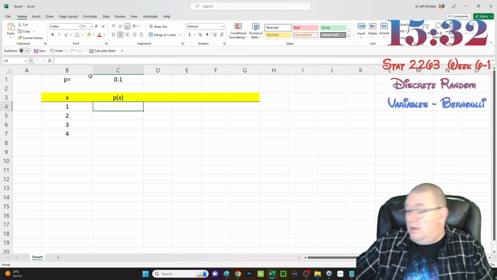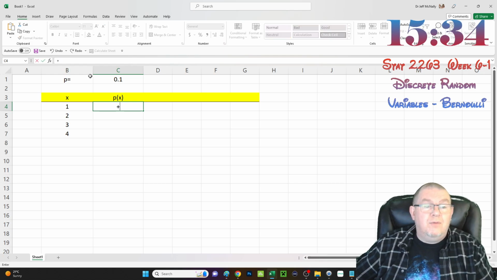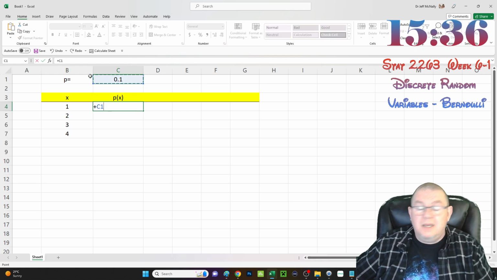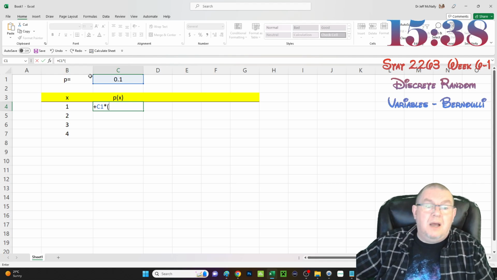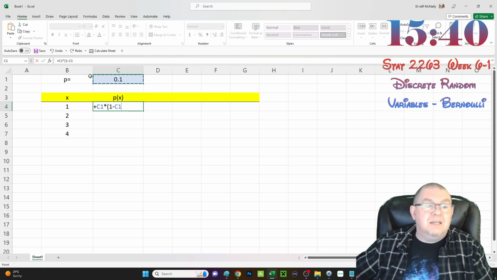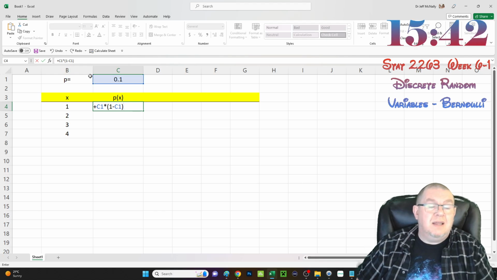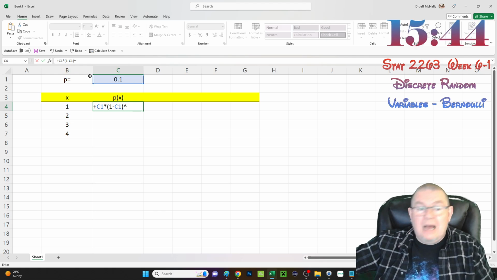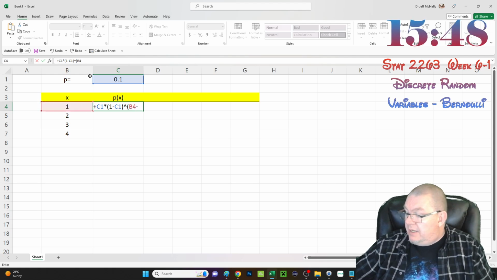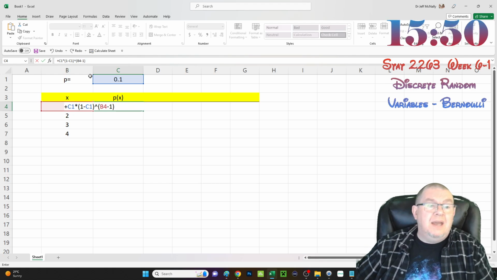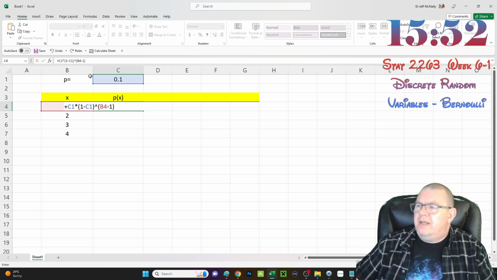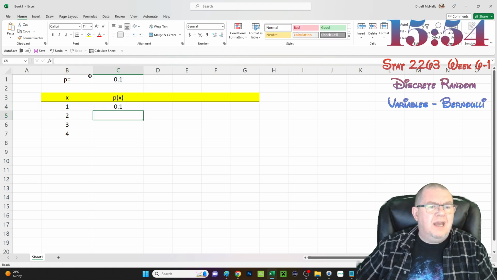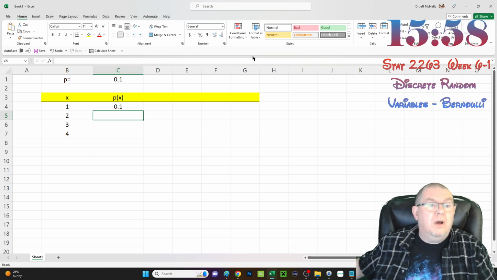The probability formula is p multiplied by 1 minus p, referencing that, to the power, and then in brackets x minus 1. This first one should be pretty easy. The chance of getting a success on the first time is 0.1.